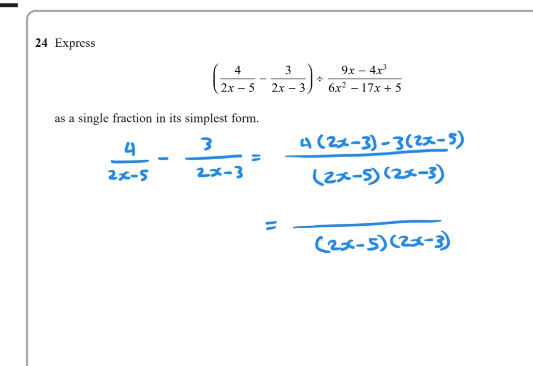Now expand and simplify the numerator. 4 times 2x and 4 times negative 3 equals 8x minus 12.